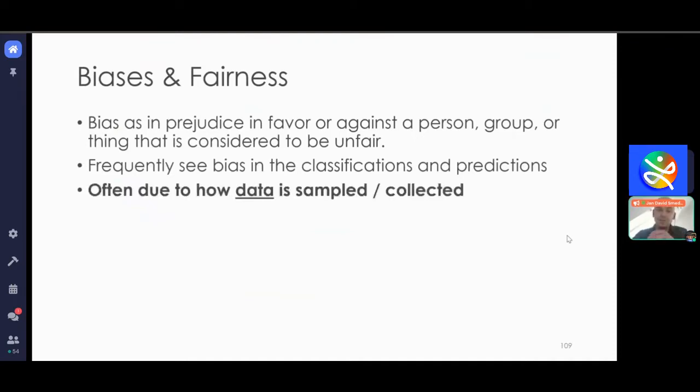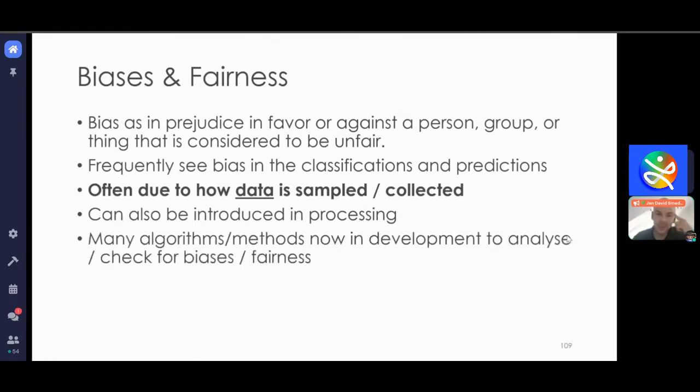This is very often due to the underlying data sets, which already have a bias in them, usually because there is more data and better coverage of certain parts of the population than of others. Sometimes the bias can be introduced in processing, but most of the time it's actually in the data. And there are now a lot of algorithms and methods in development to analyze and check for such biases. So that's a positive development.